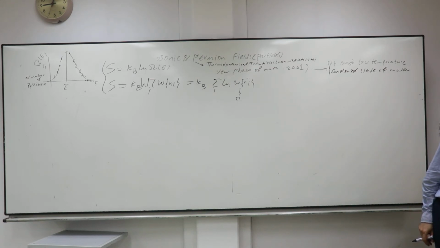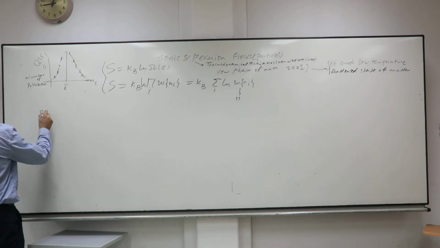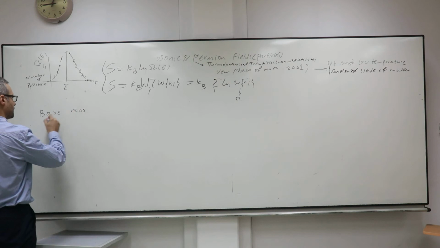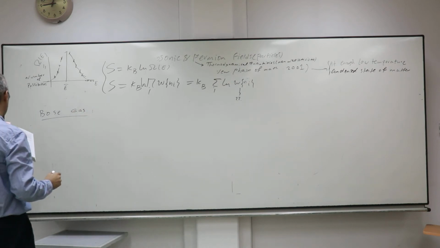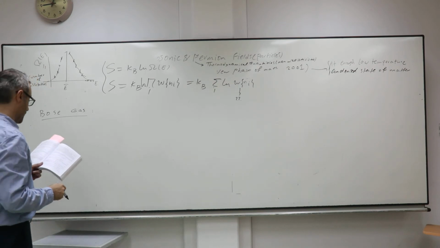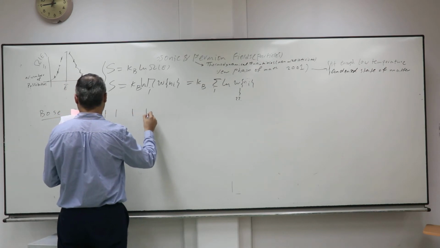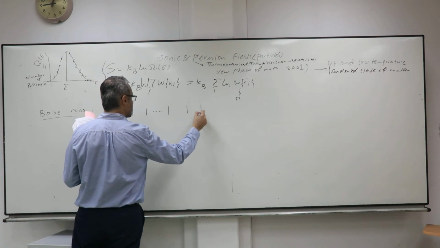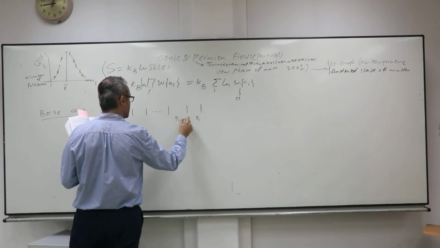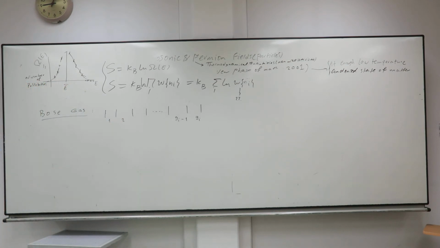I want to tell you that if you have a Bose gas, as I told you, each energy state can be occupied by any number of particles. If you think about each element of the ensemble, you can set one particle in one state and two particles in a second one, it depends.